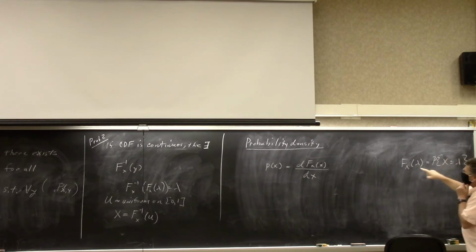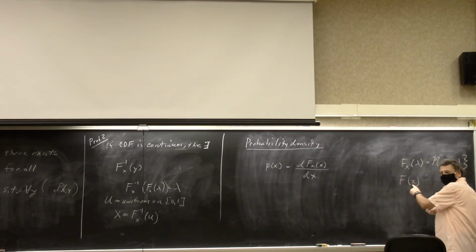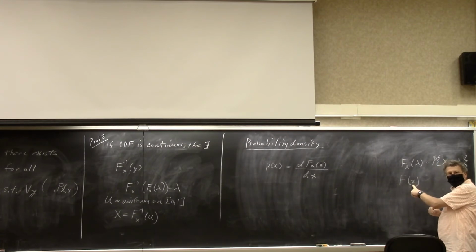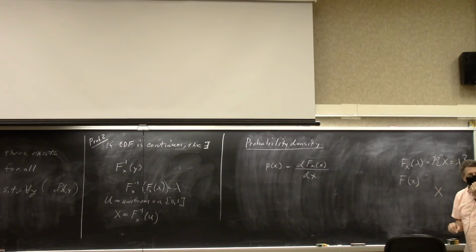I use the lambda because what often happens is people will write F of little x here, and that's supposed to tell you that this is the cumulative distribution of the random variable uppercase X. At least in the beginning of the class, I'll try to remember to use uppercase letters for random variables, okay, and lowercase letters for things that aren't random variables.